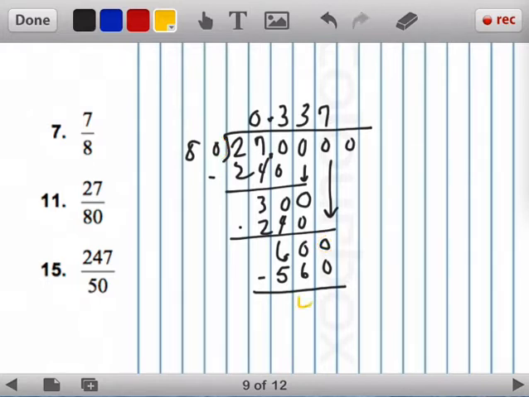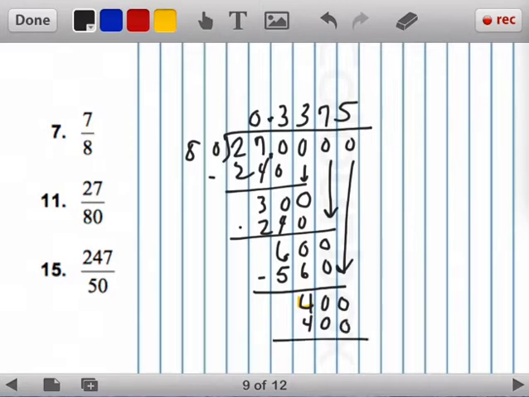So I get a 40, and I bring down a 0. 80 goes into 400 5 times. 5 times 80 is 400. I misspoke there. And then we get a 0 when we subtract.